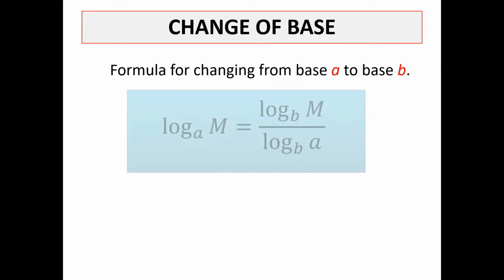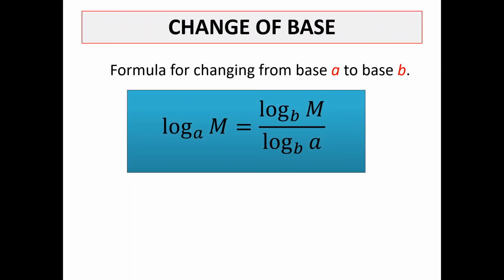So the formula is log m base A is equivalent to log m base B over log A base B, meaning that originally we have base A, and then we change this logarithm into the form of base B. So the formula is very simple and easy to understand.